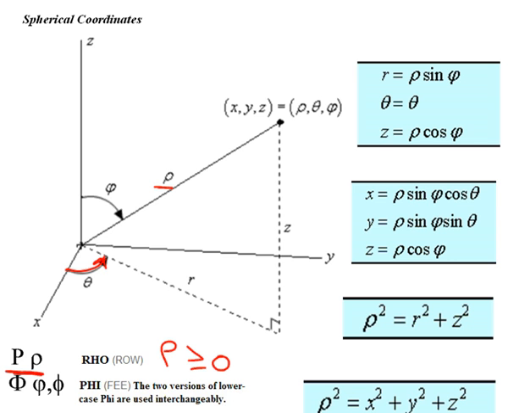And then what's left is to figure out phi. Theta is the angle in the xy plane, and phi is the angle from the positive z-axis, right up here, down towards the segment that connects the origin and the point, whose magnitude is represented by rho. So it's sort of that angle down.